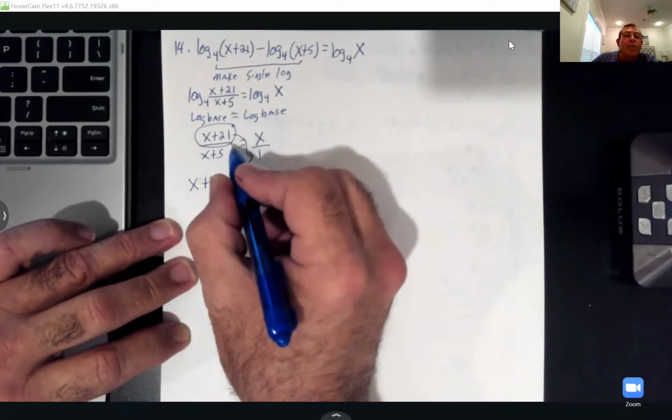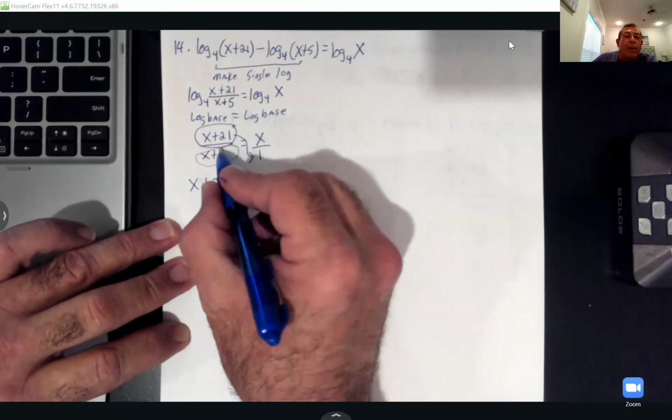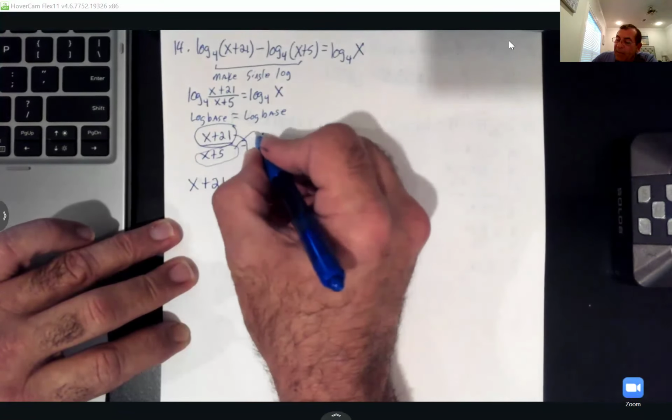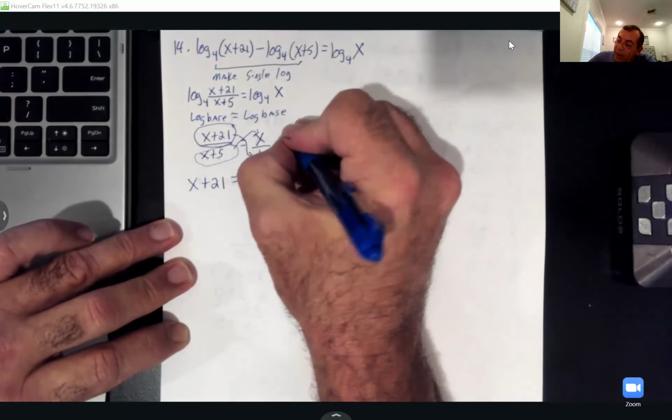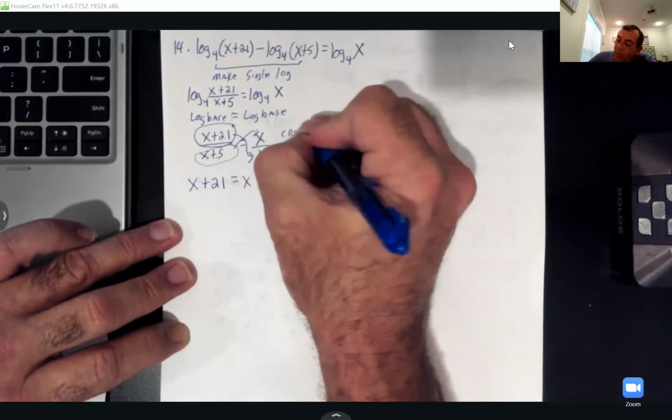Then you take both of these on this bottom and multiply by that top. So you got an x times x is x squared. And then you got a 5 times x is a 5x. So here I do cross multiply. And you can always make any number or variable look like a fraction by putting a 1 under here, okay?